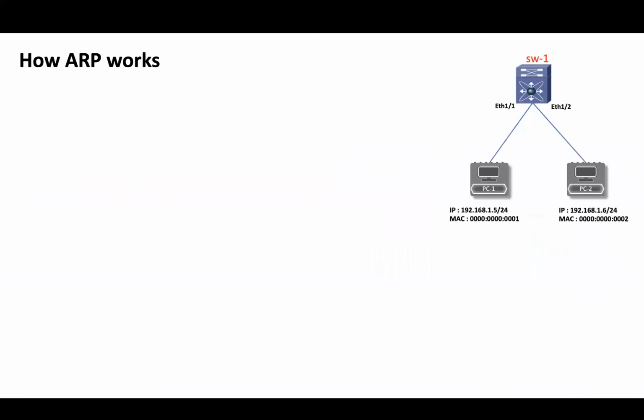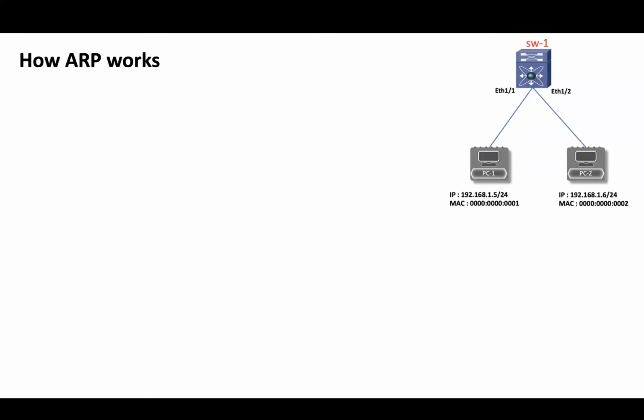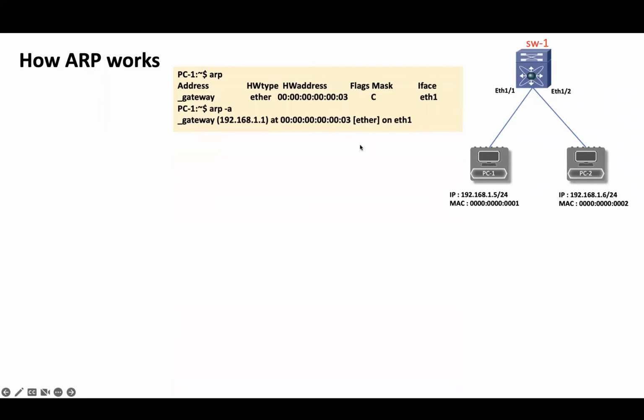We are gonna take the same example where we want to send IP traffic from PC1 to PC2. So PC1 will check the local ARP table to find out the MAC address of the 192.168.1.6 IP address.